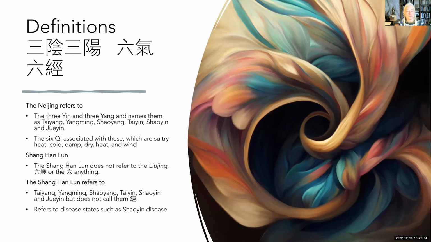And the Neijing also refers to the 6 qi, the Liu qi, associated with these, which are the sultry heat. Just a note that I translate the summer heat as sultry heat because there's a sense of the humidity, and the sultry heat is also associated with steaming, as we'll see, kind of steaming up moisture from the earth, that hot, damp qi.